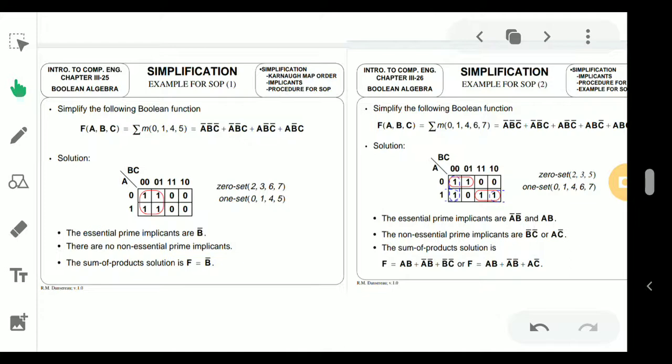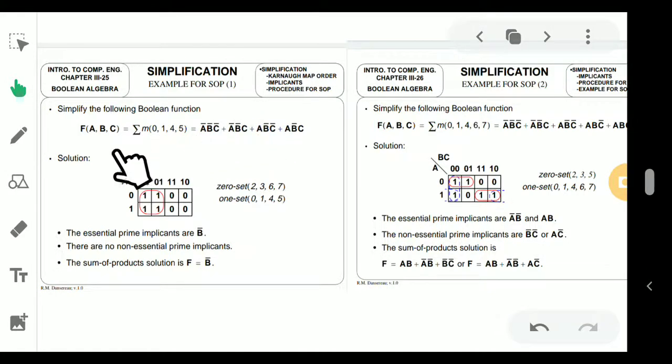The expression given to us is a bar b bar c bar, a bar b bar c, a b bar c bar, a b bar c. In this way it is given. From that you can understand this is a summation of the min terms 0, 1, 4, 5.